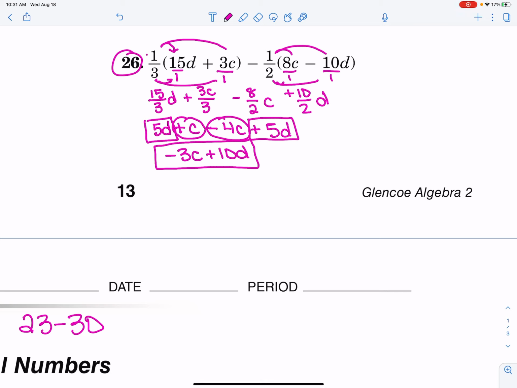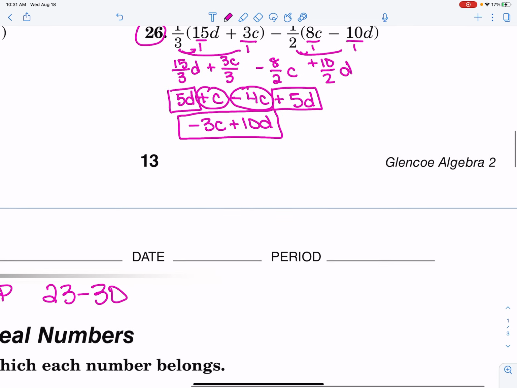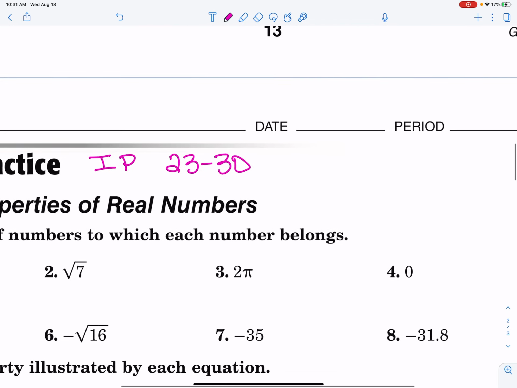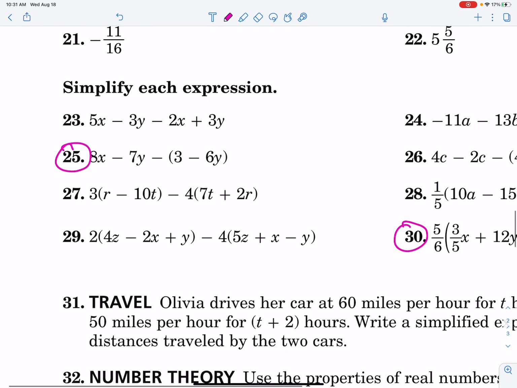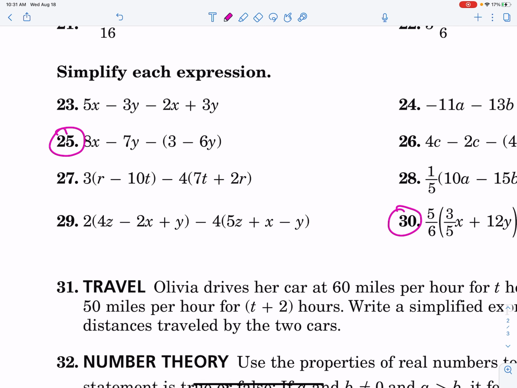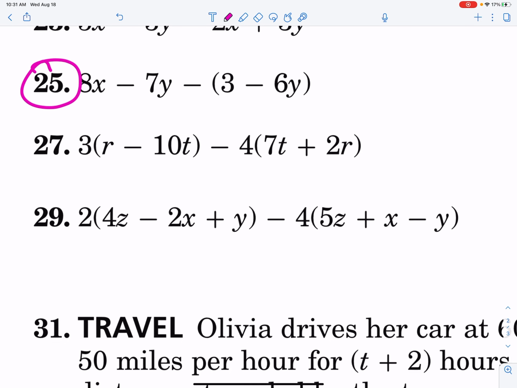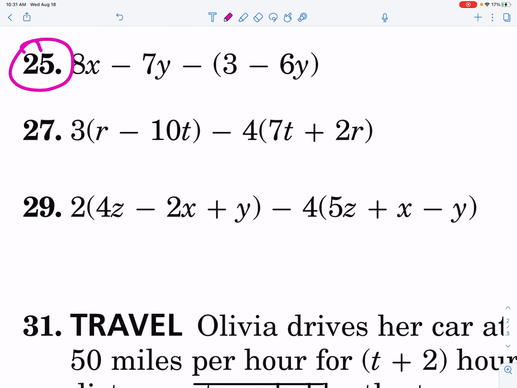Okay. All right, so for the next part where it says simplify an expression, where it starts with number 23, I'm going to go down to number 25. So number 25, simplifying this expression. If there's any groupings, I take the sign or the value before it and distribute it to everything on the inside.